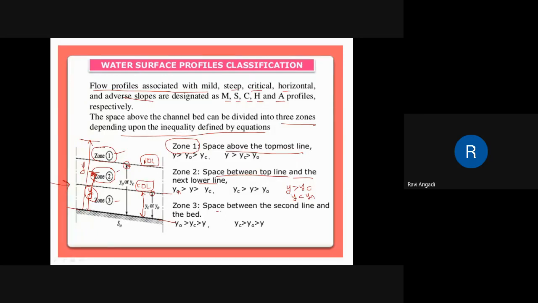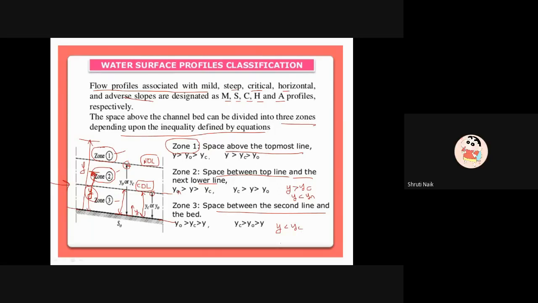Zone 3 means the space between the second line and the bed. From the bed, if you take the space between these two, it will be zone 3. So what is the zone 3 condition? Suppose the depth of flow is here.